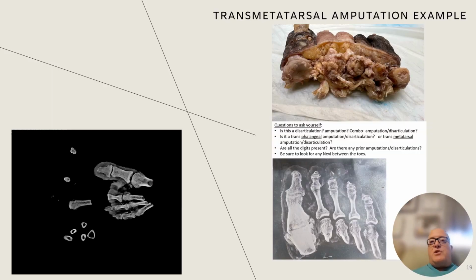So here's another example. This is a transmetatarsal amputation, where it can be conically cut, where you have a combination, a disarticulated, amputated forefoot with all 4 or 5 metatarsal heads and all the digits and associated phalanges.